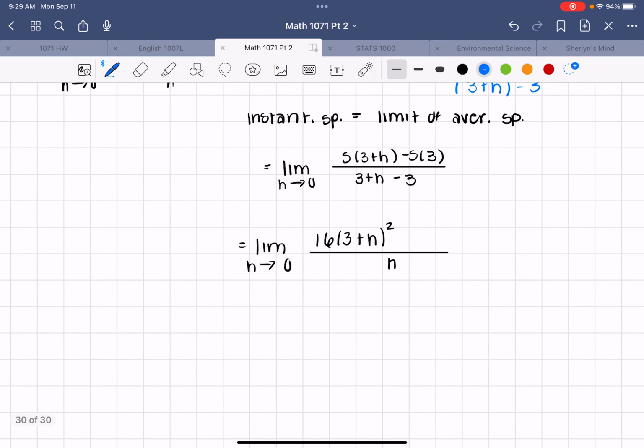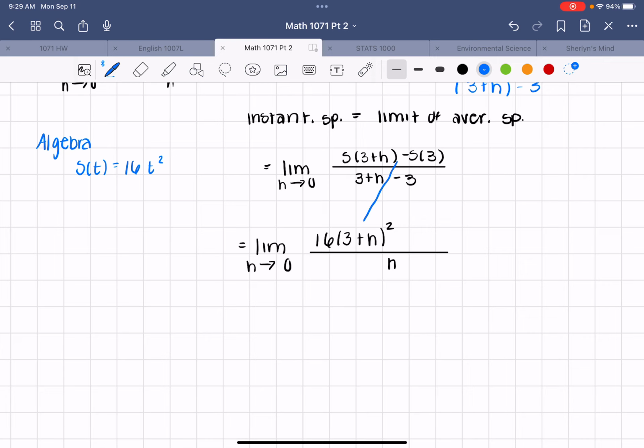When I say that s of t equals 16t squared, that's a function. And when I'm explaining functions, I think back in 7th grade, when they first were presenting this to you, they said, okay, a function is a set of instructions. Did they use a box?